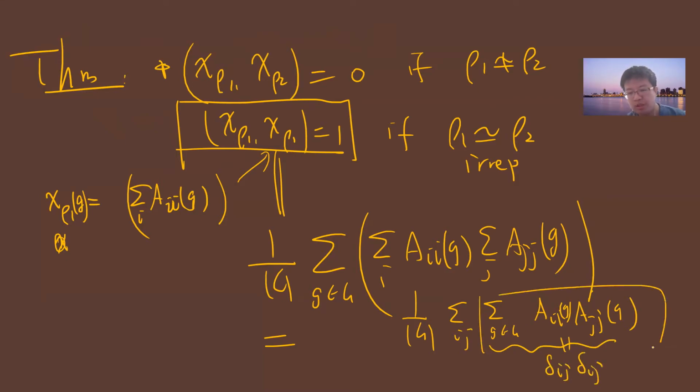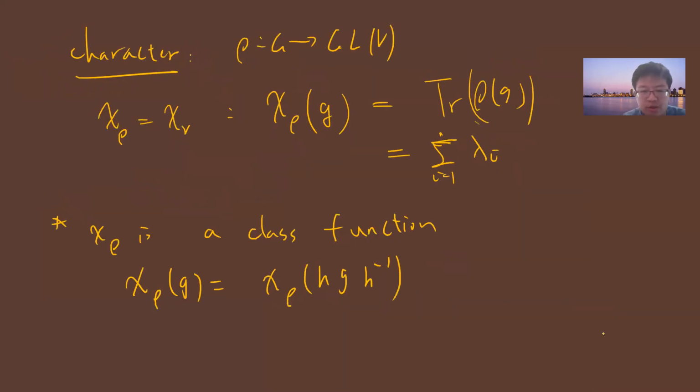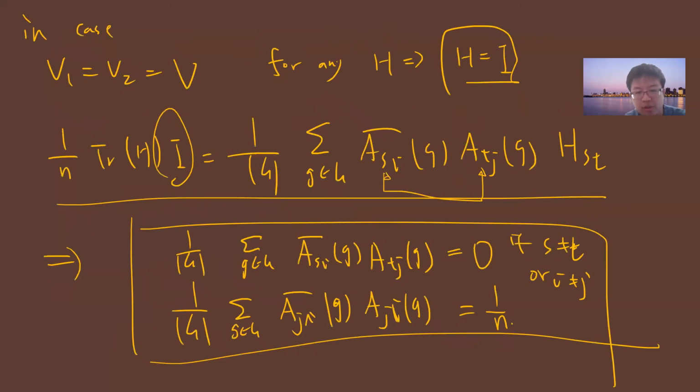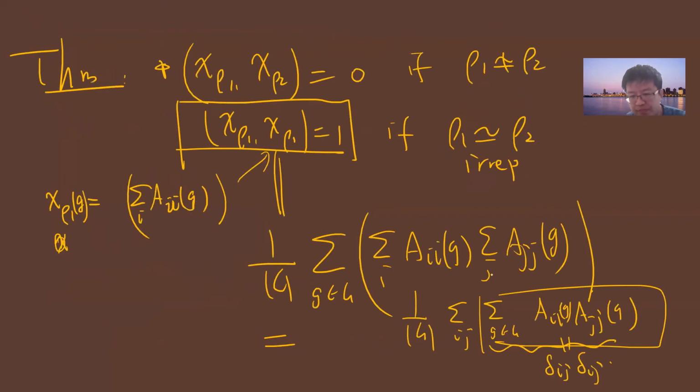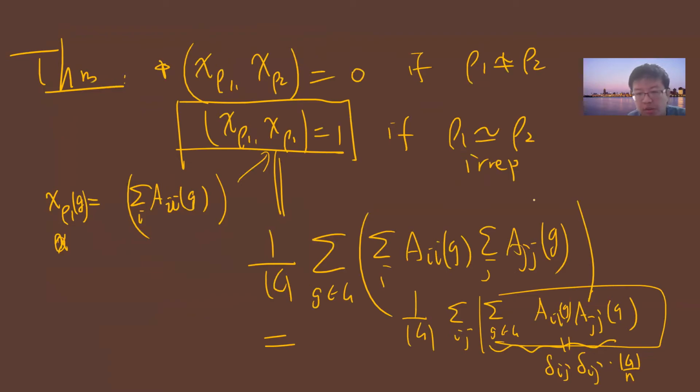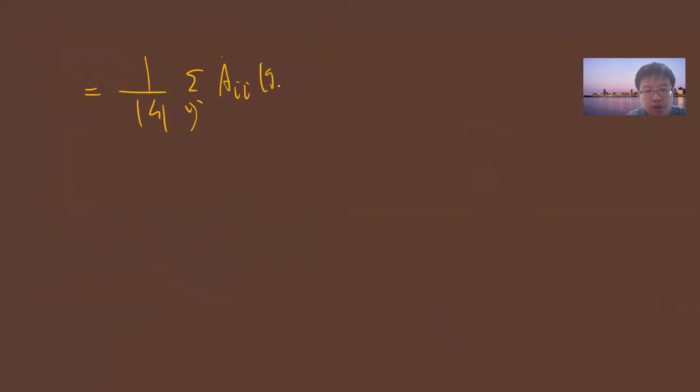The only non-trivial case is when i equals j. And by the way, there is a factor here, so it is 1 over |G| divided by N. We just use the orthogonality and the sum over g.